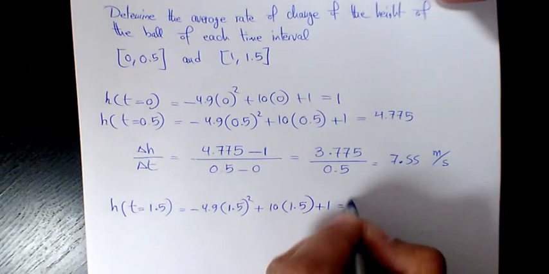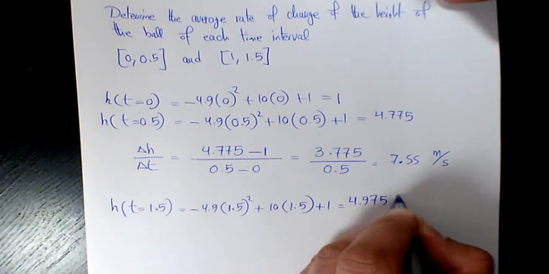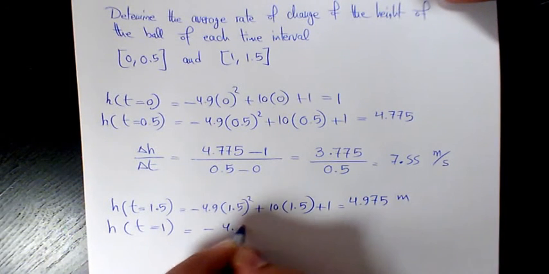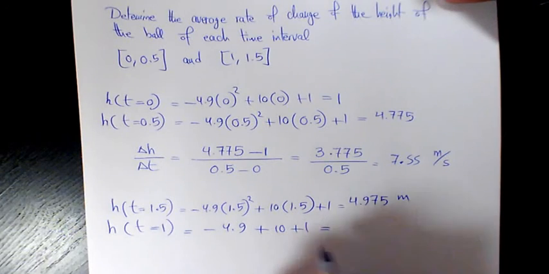That's going to be 11.975 meters, and when time is 1, it's going to be negative 4.9 plus 10 plus 1.